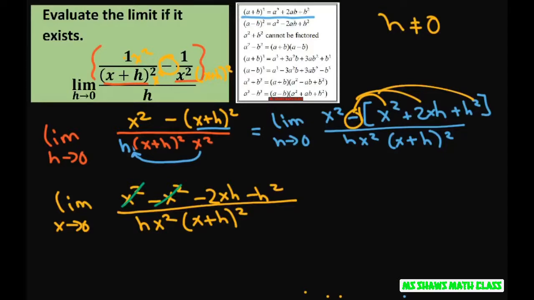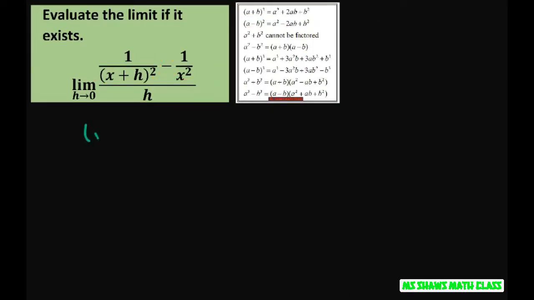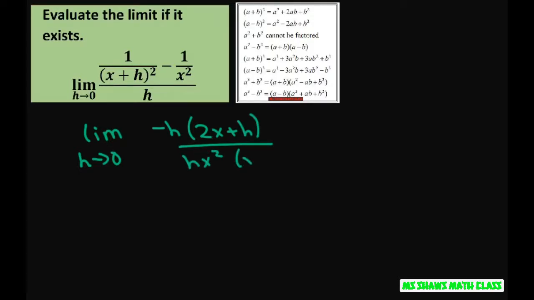So now I can rewrite this, and what I'm going to do is pull out this h. I'm going to pull it out and rewrite this as the limit as h approaches 0 of negative h, I'm actually pulling out a negative h, (2x plus h), divided by h times x squared times (x plus h) squared.